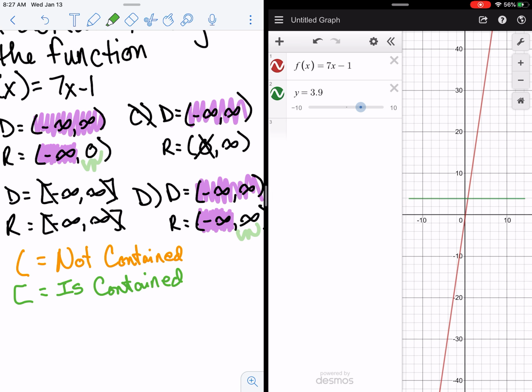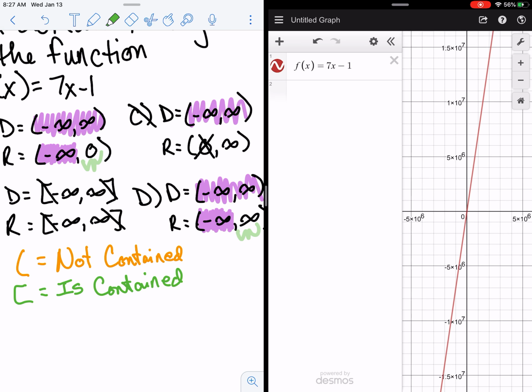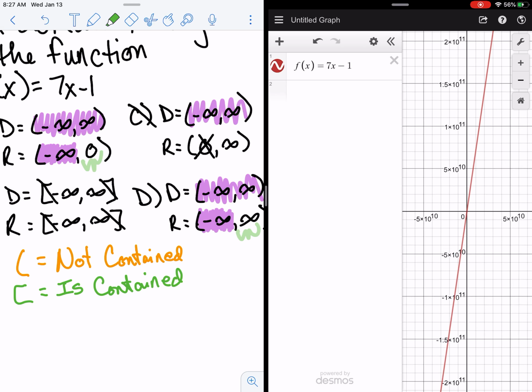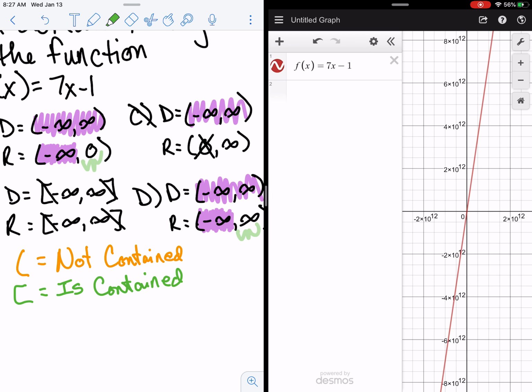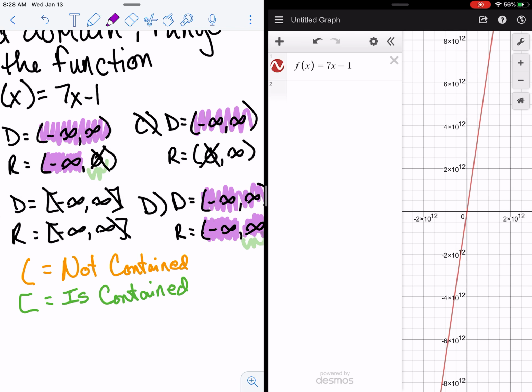And then again, if I zoom out and keep on zooming out, the graph gets bigger and bigger and bigger, and it never stops, thus telling me it is going to positive infinity. So 0 is wrong, thus meaning my answer for this one would have been D.